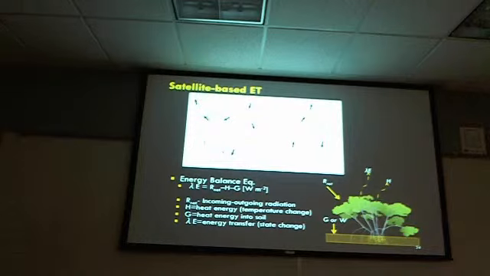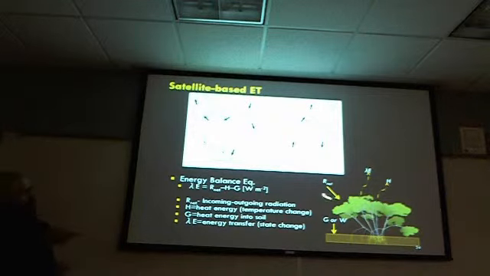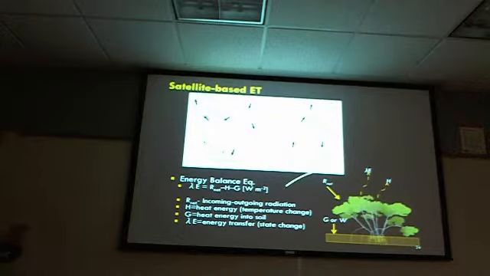With these spectral changes, you can calculate ET based off of remote sensing, mainly through the energy balance equation. Essentially, the incoming minus outgoing radiation gives you net radiation.